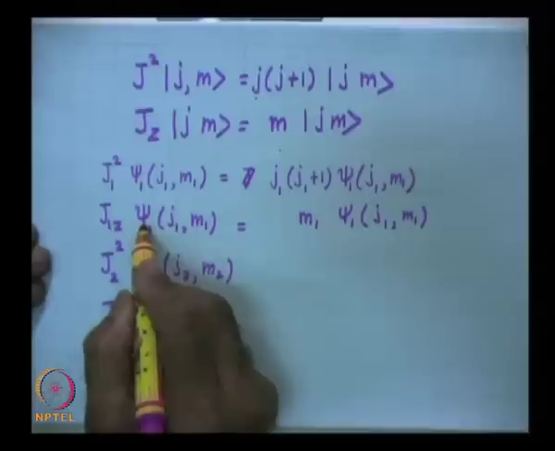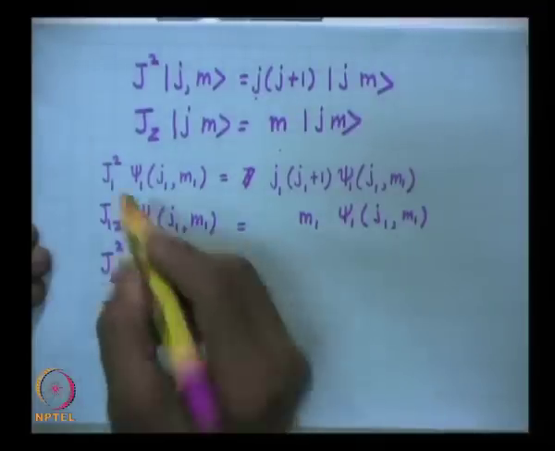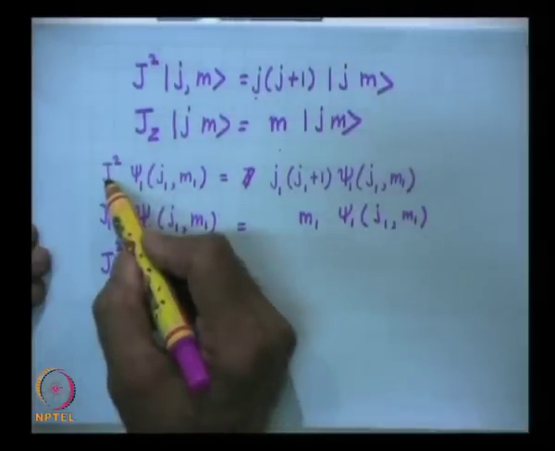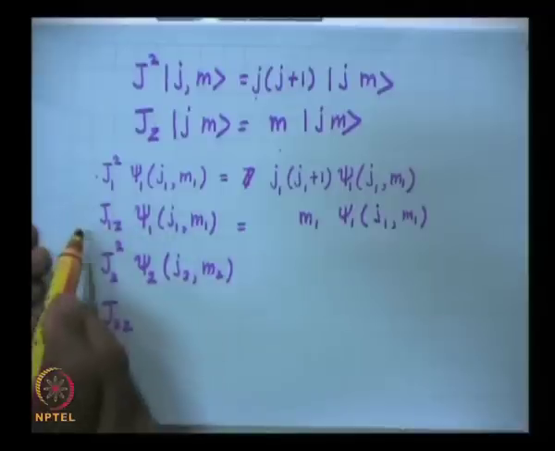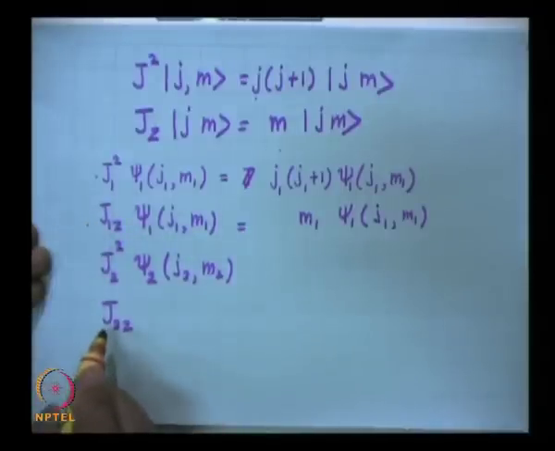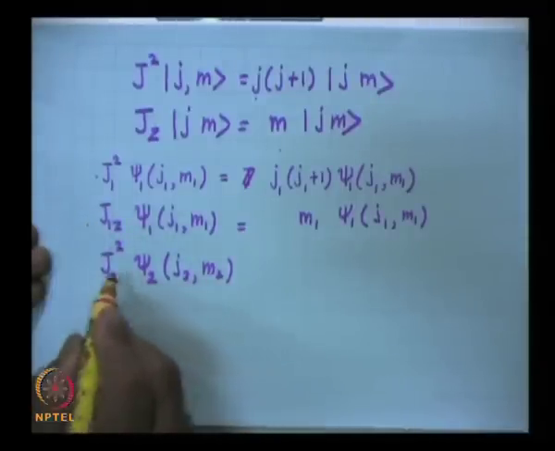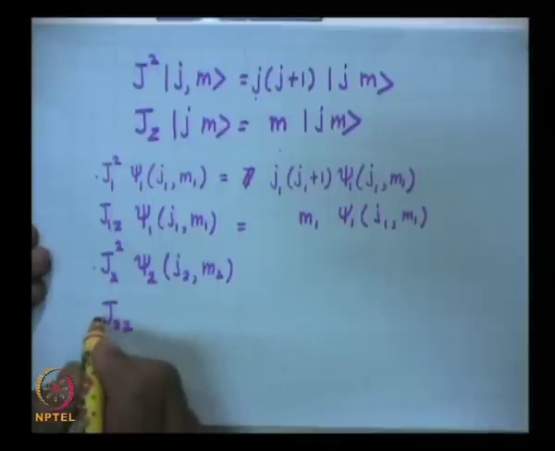So, psi 1 is a simultaneous eigenket of J1 square and J1z. Psi 2 is a simultaneous eigenket of J2 square and J2z.